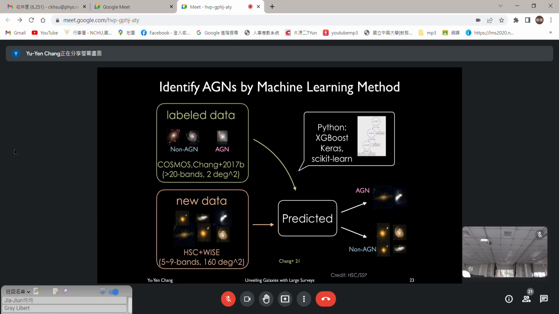However, if we can create a machine learning model, we are able to apply it to new data, such as HSC and WISE data in a wider field. This means we don't need deep images or multi-wavelength observations to confirm whether they are AGNs. So in our work, we use different Python packages to predict AGNs and non-AGNs for data which was not classified before.